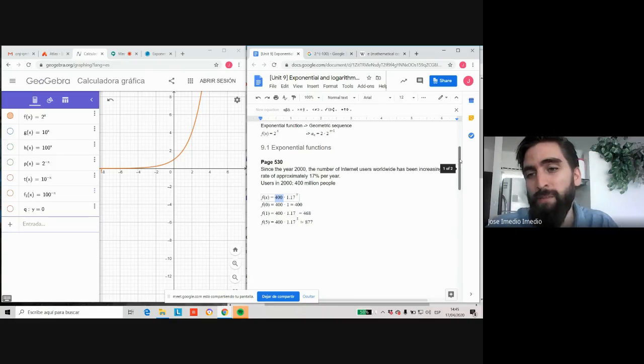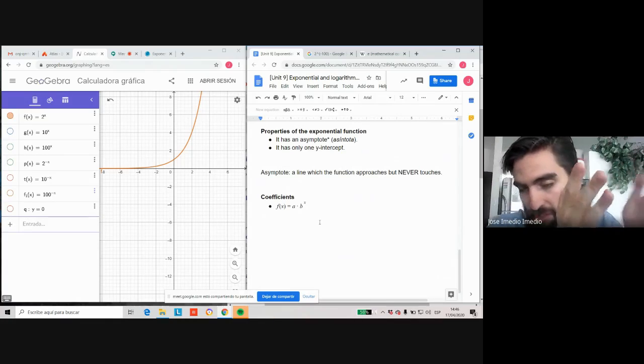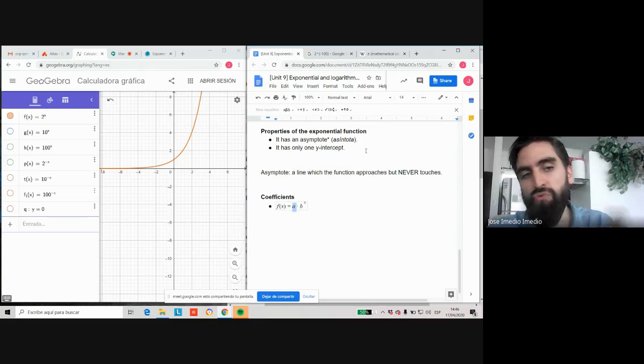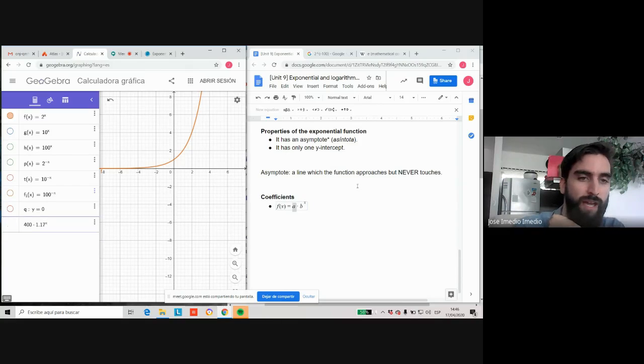Actually, that's the most similar form to the general term of a geometric sequence. Okay, it's the same thing. It's like, this is the original amount and then it grows. Actually, if we go back to that example, it was 400 times 1.17 raised to the power of x.